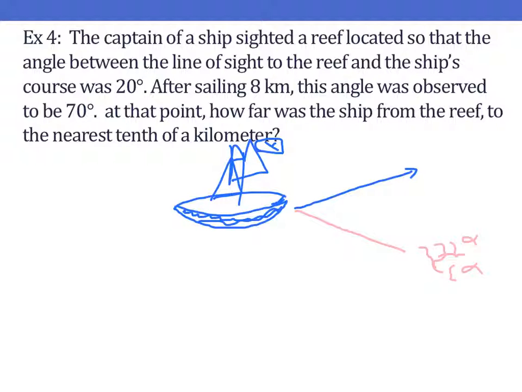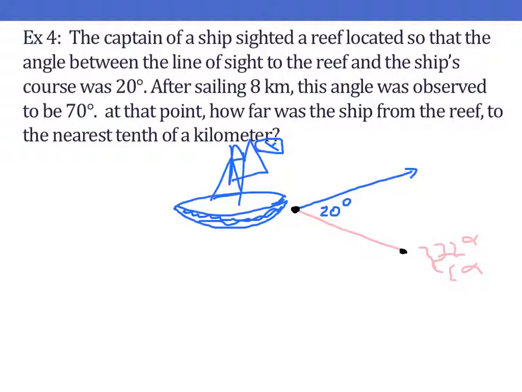Alright, now, from the point of view of the captain of my ship, this direction, versus the direction that he's traveling. Okay, so he's traveling this way, but he's looking this way. According to the problem, this is a 20-degree angle.